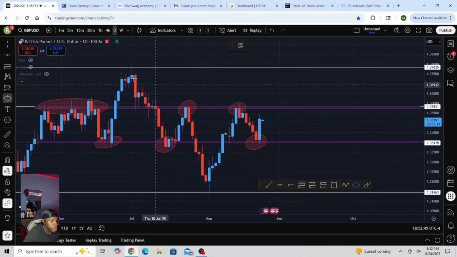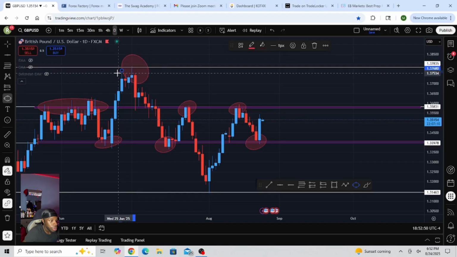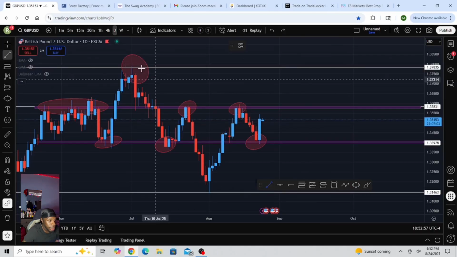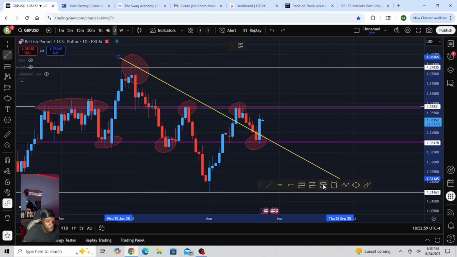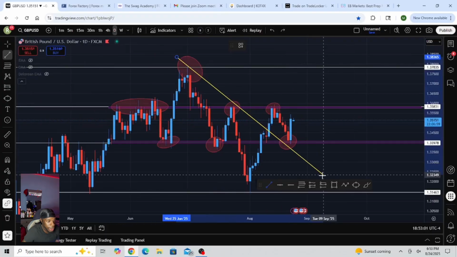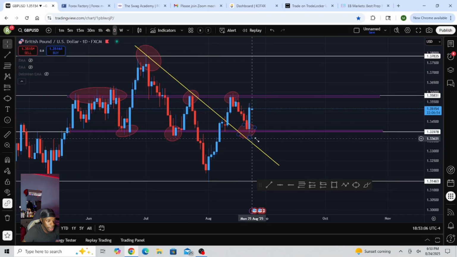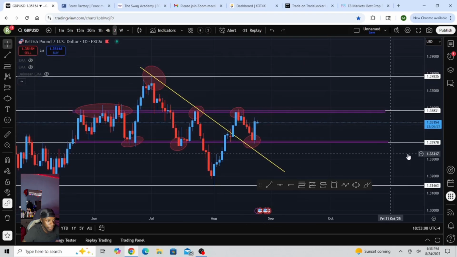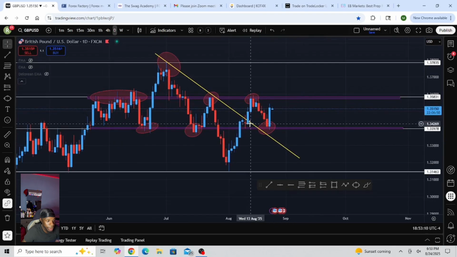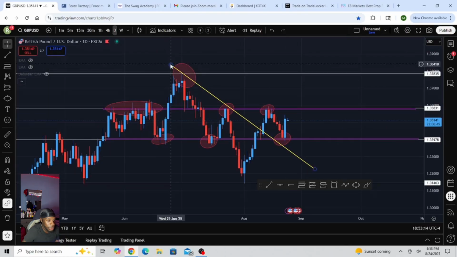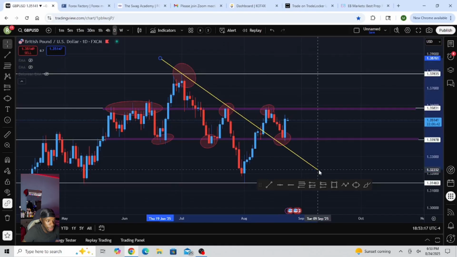I also see that we kind of got a downtrend look on the daily in a way. If you drag it from here to here, and then price broke that and came back, I would have wanted to see it do a third bounce to kind of confirm it, but the more stuff you see, the better.